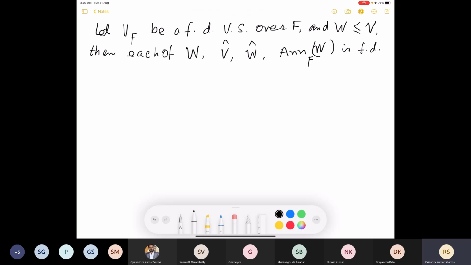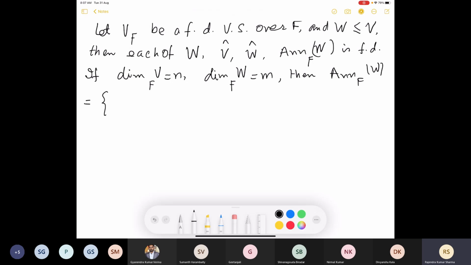We have proved that if the dimension of V over F is n, and the dimension of W over F is say m, then what we know about the annihilator is this. The annihilator of W, if you recall, is the set of all f in V hat such that f(w) is 0 for every w in W, and this is a subspace of V hat.